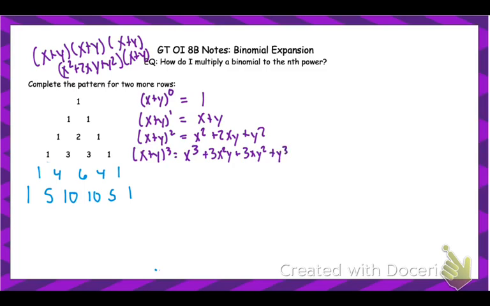Now I'm going to show you what x plus y to the fourth is, and you may start to see this pattern, if you haven't already, and how it relates to Pascal's triangle. x plus y to the fourth power would be x to the fourth plus 4x cubed y plus 6x squared y squared plus 4xy cubed plus y to the fourth.